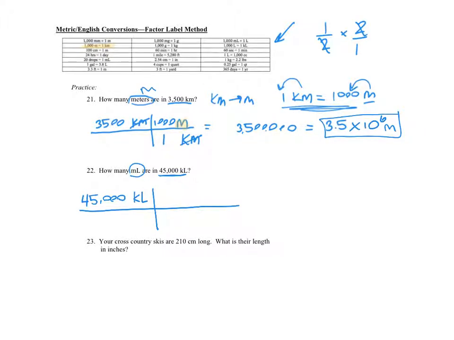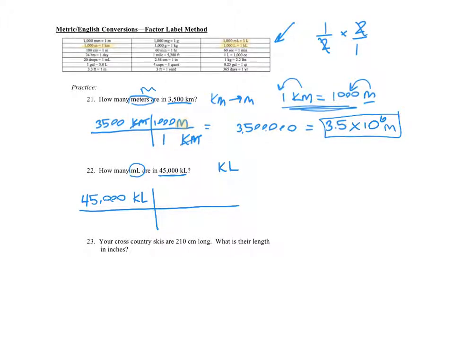So I'm starting in kiloliters, and I'm going to go up to the top where I see my conversions, and I'm going to see, do I have a kiloliter to milliliter? I have a kiloliter to liter, but I don't see a kiloliter to milliliter anywhere. What I do see is a liter to milliliter.